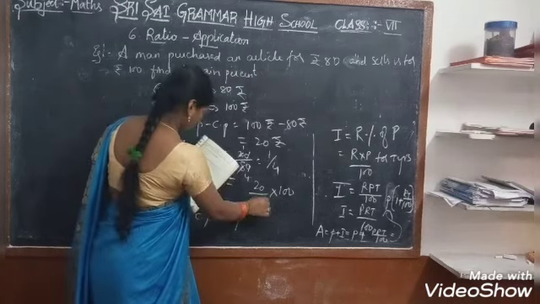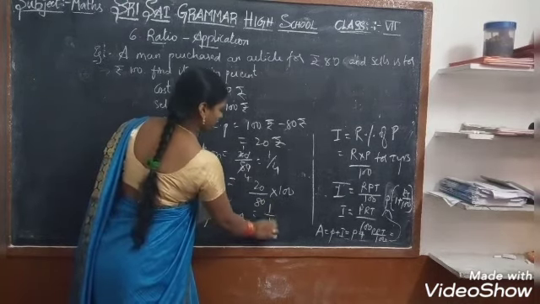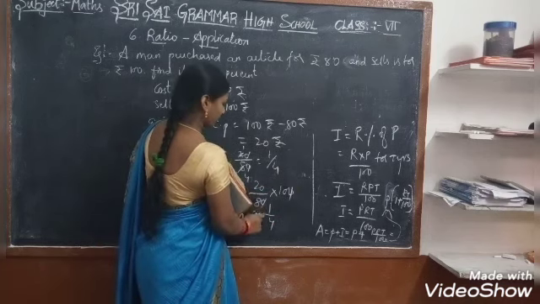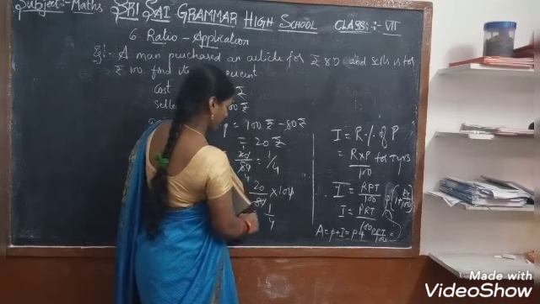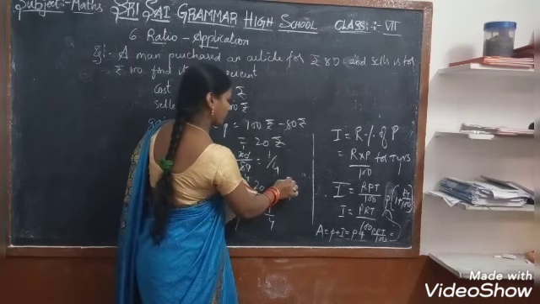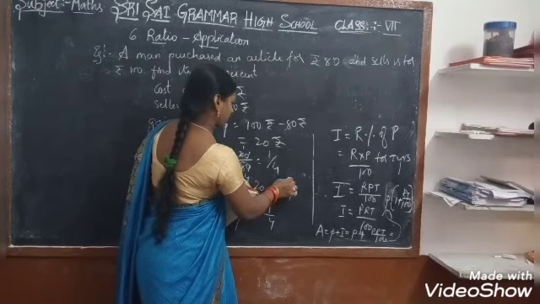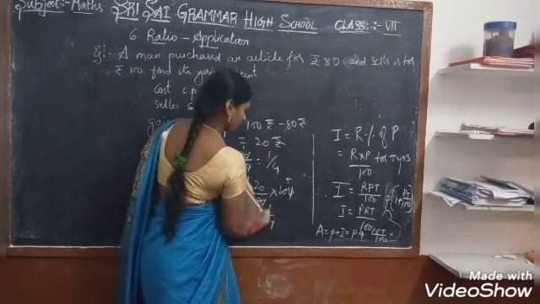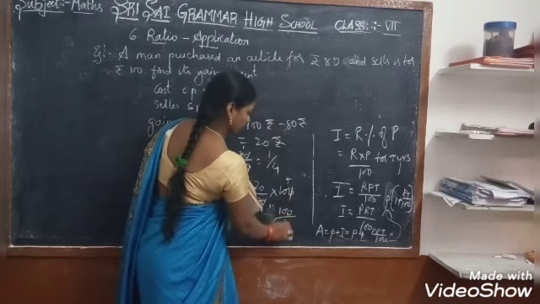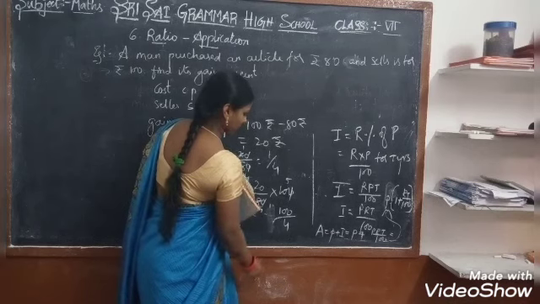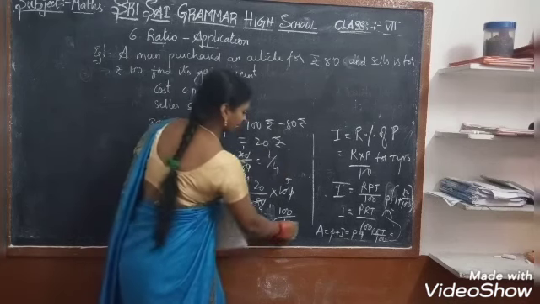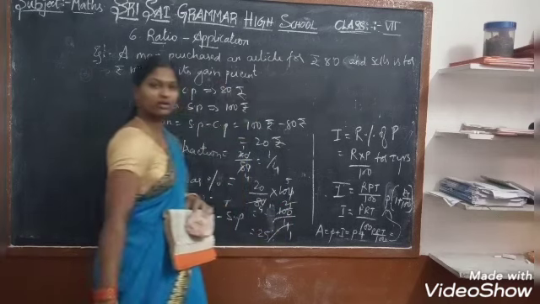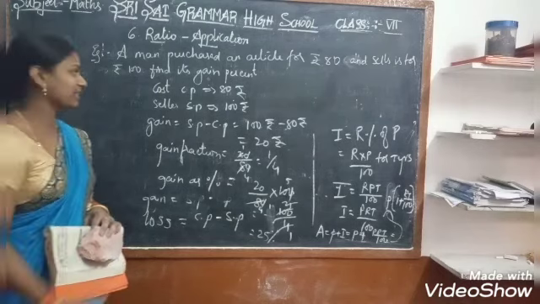This will be cancelled. 1 by 4 into 100, that is 100 by 4. That is equal to 25. Okay, 25%.